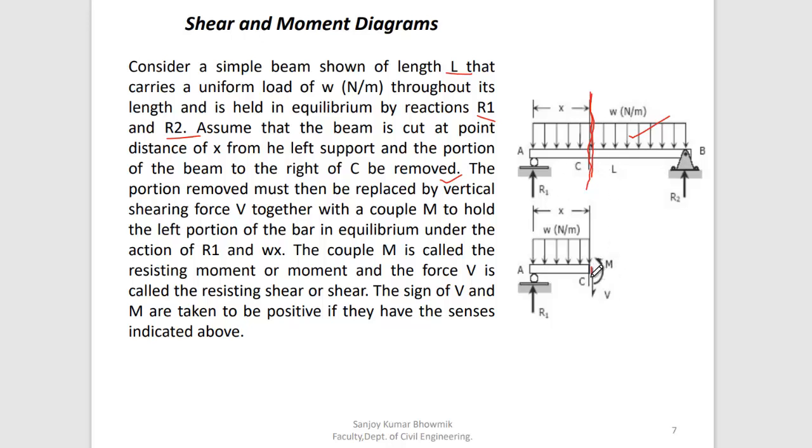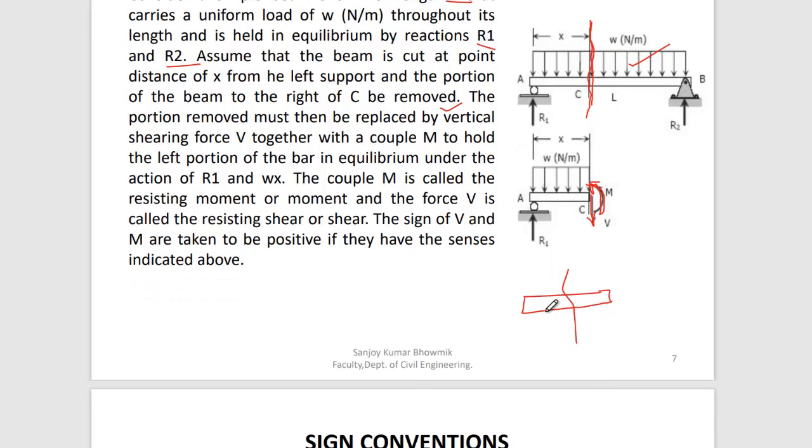Here you will get a shear force. They are considering the downward shear force and anti-clockwise moment. If you take a section and remove this part, what should you have?